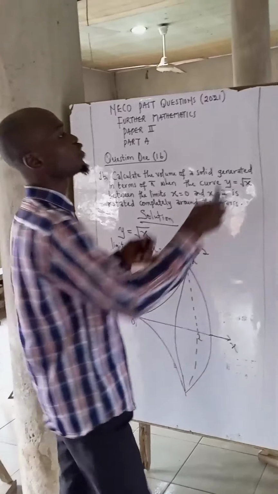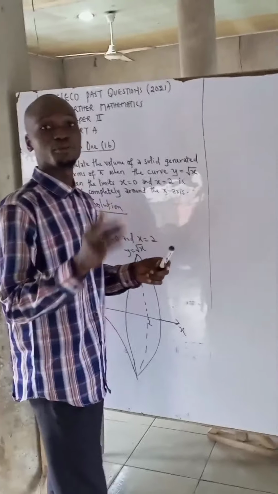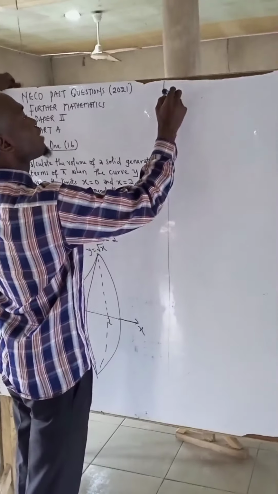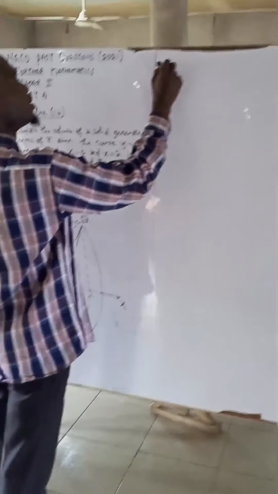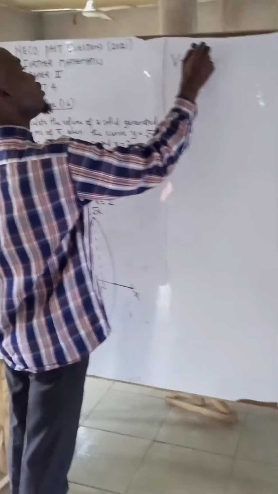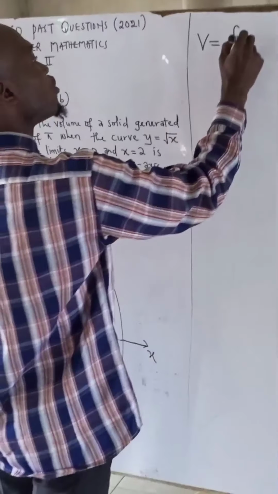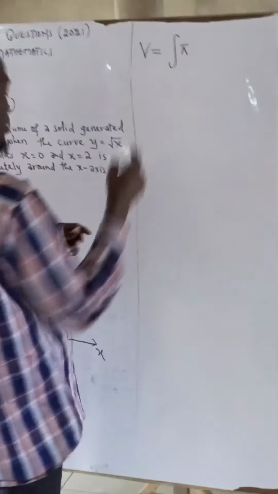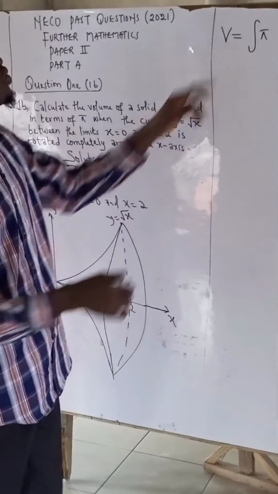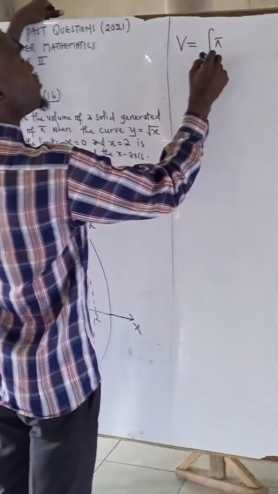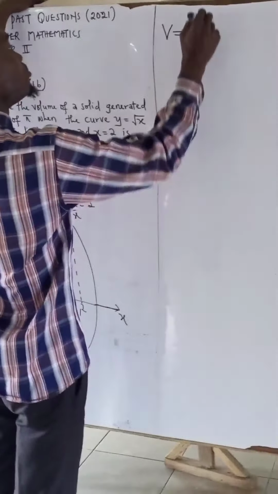Now, this is the formula. We have a standard formula for that. Our formula for finding the volume of the solid generated is given as volume V equal to integral from a to b of pi y squared dx.